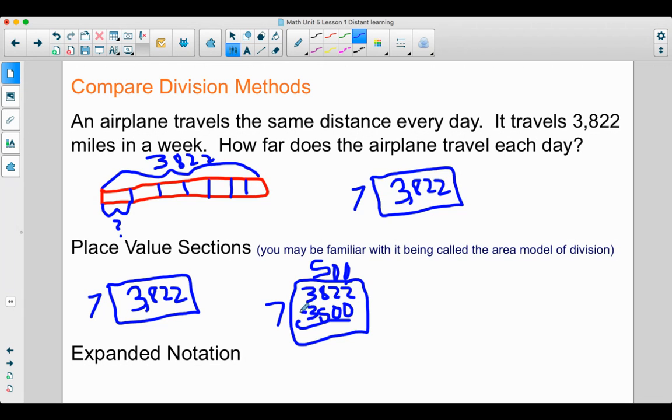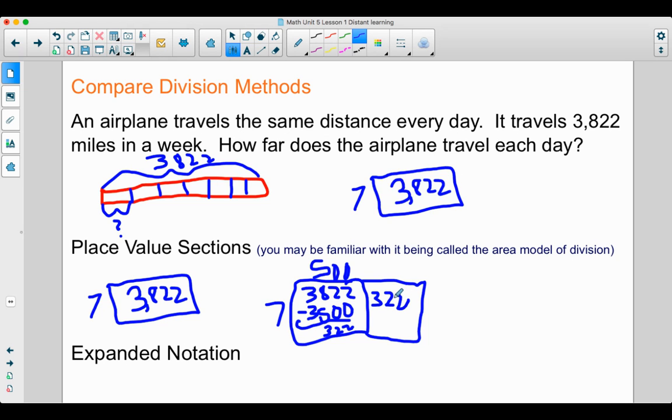But then what would be left would be 322. So now I would draw another rectangle for my hundreds. So this was my thousands actually turned into hundreds. These are my hundreds, which actually are going to be my tens.